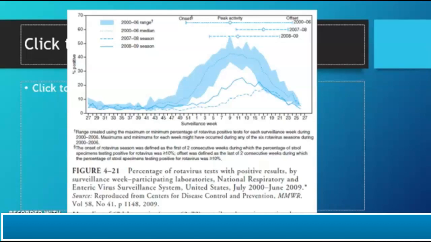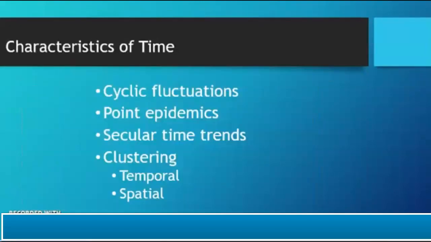There's peak activity, and there's off activity at certain time periods. So again, if you're doing a condition which has fluctuation, or even some sort of time pattern that it follows, then I would expect for you to note that.